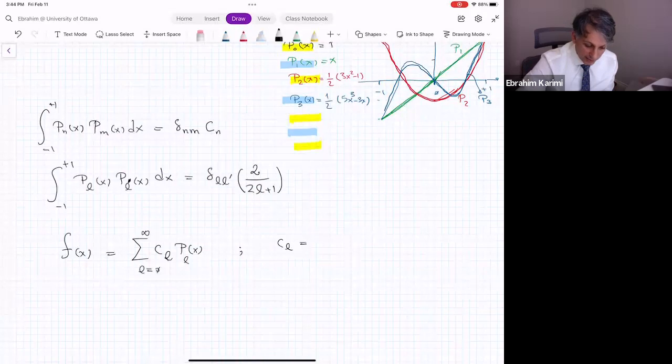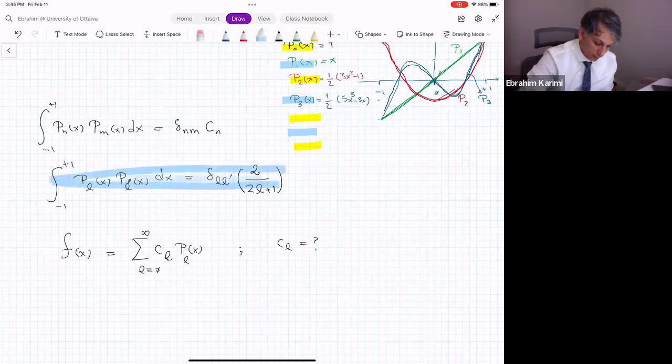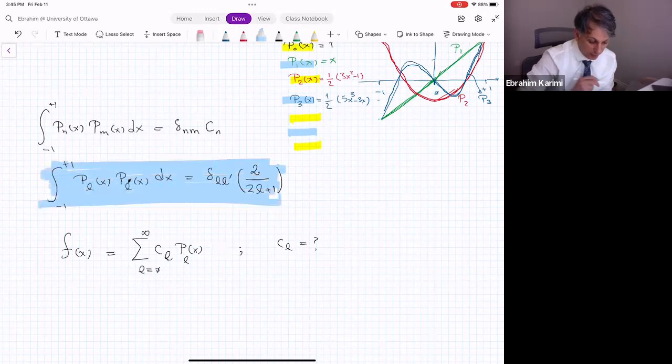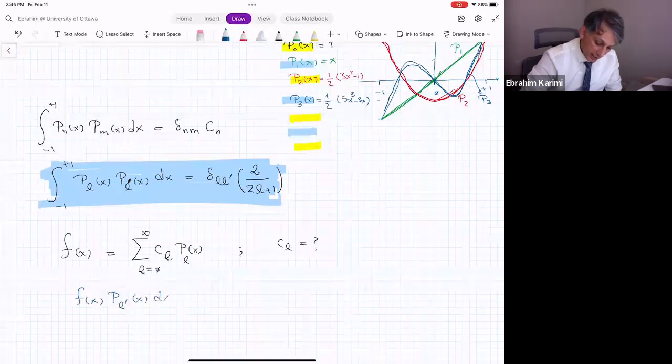In order to find C_L, you have to use the above orthogonality relationship, and from it you can find what is going on with C_L. So you have to multiply both sides by P_L prime of x dx, and integrate from -1 to +1.